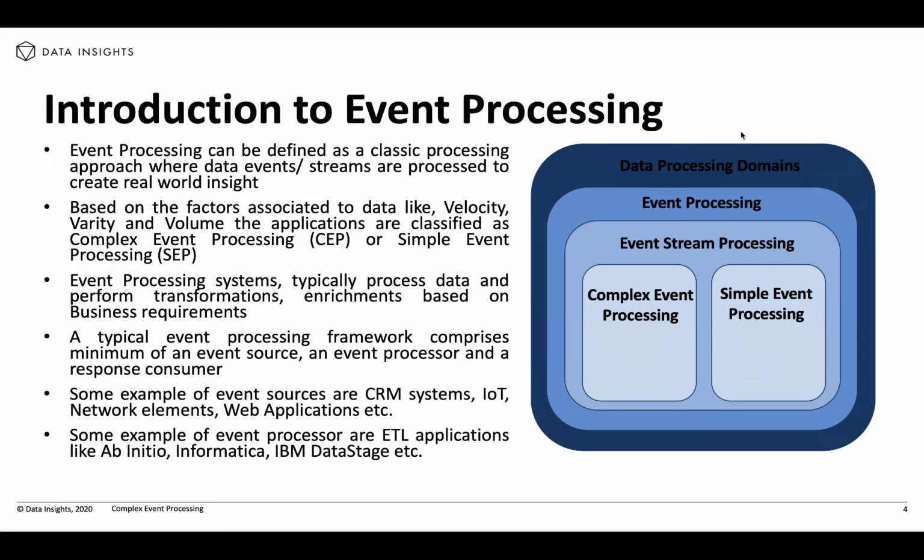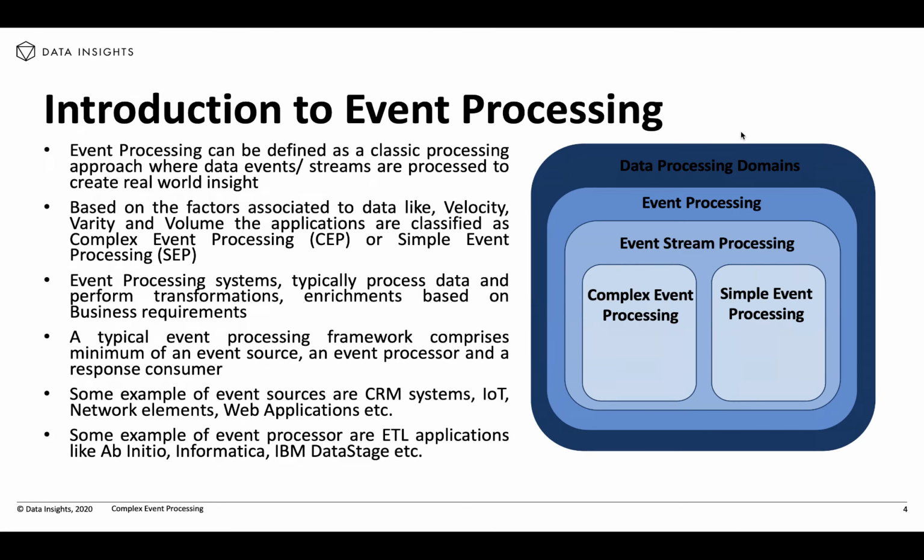Now, an event processing system typically is a transformation engine which takes your input data, ingests it, processes it based on your business rules, and then produces an output. So, in layman's terms, you can say that we have an event source. It could be one system or it could be many systems within your IT infrastructure.